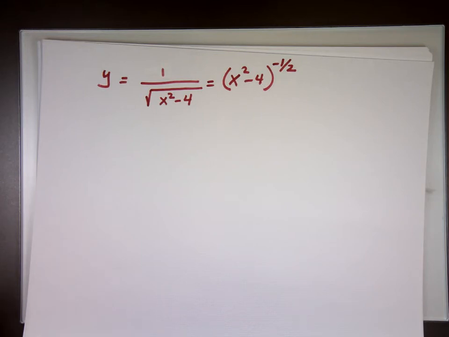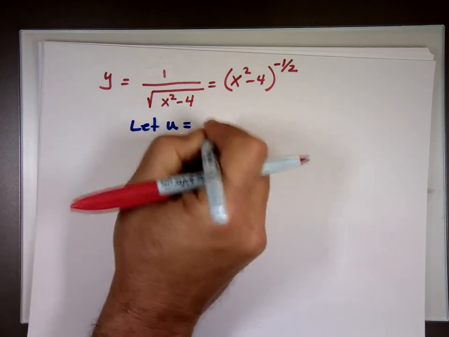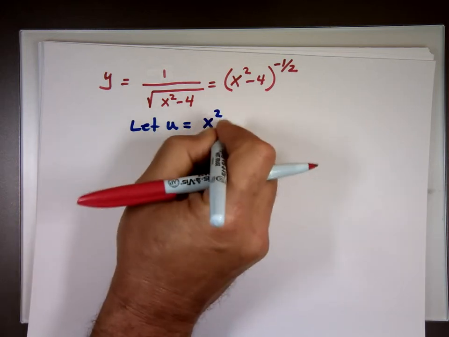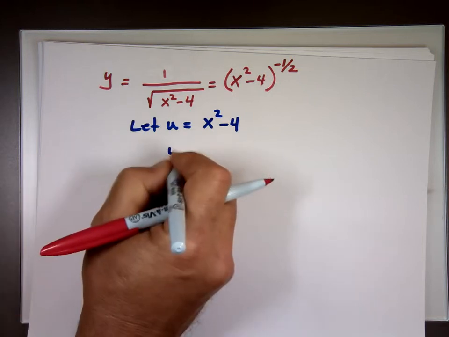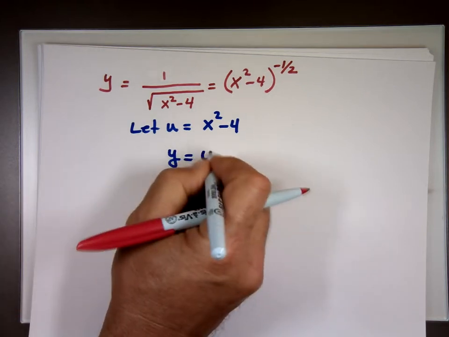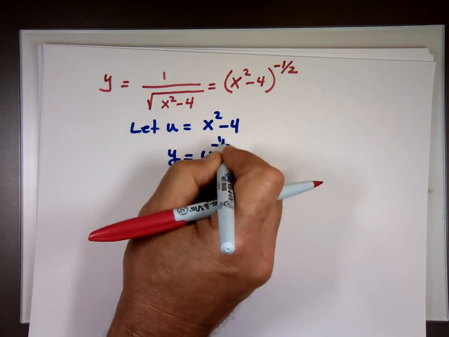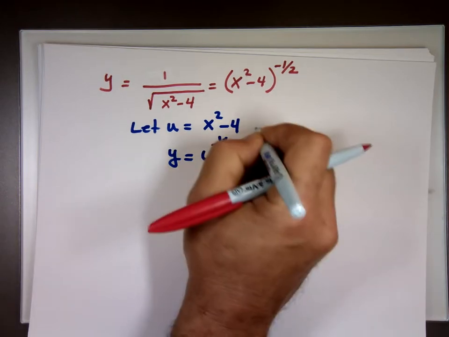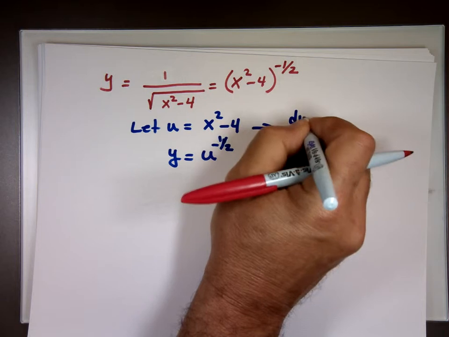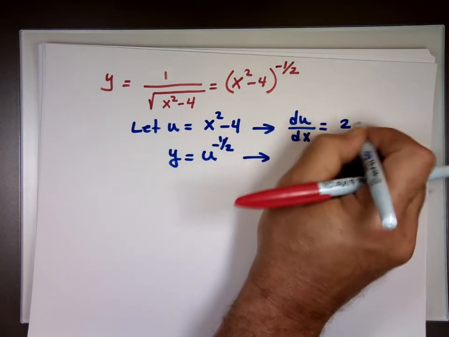So now let's let u equal x squared minus 4. That means y becomes u to the power of what? Negative 1/2. What's the derivative of each one? The derivative of u, that's du dx, which is 2x.